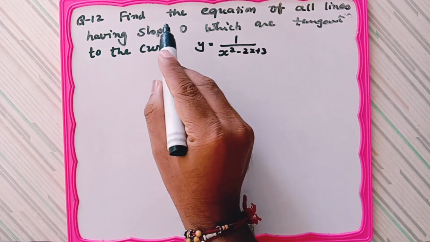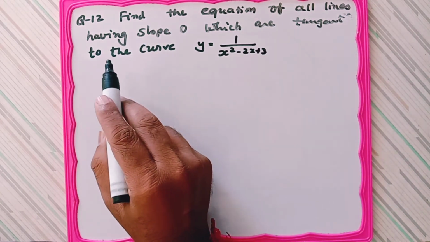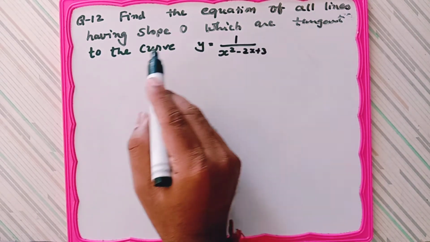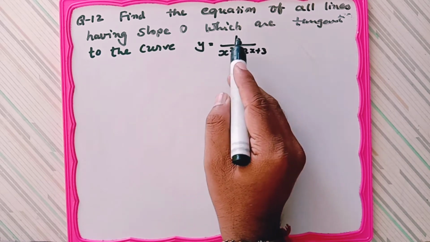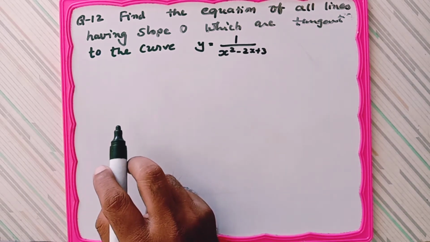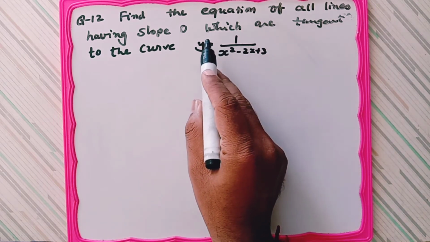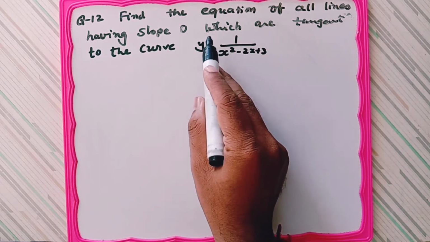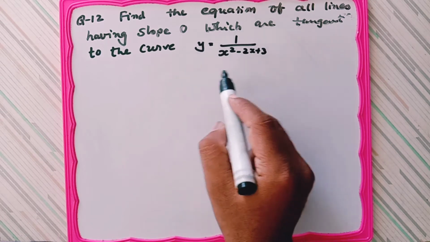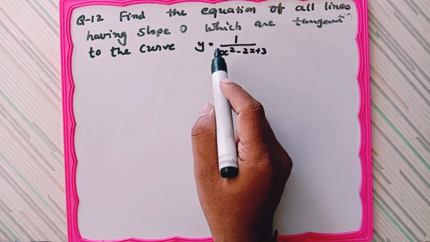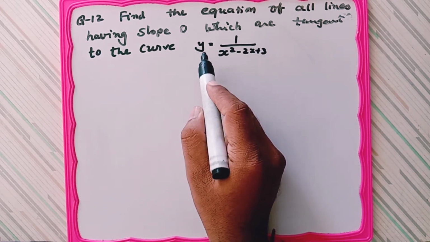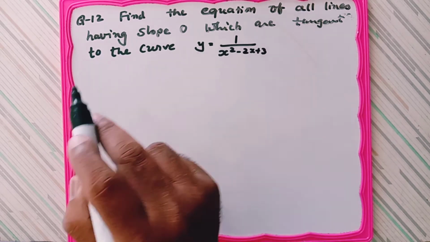Question 12: find the equation of all lines having slope 0 which are tangent to the curve y equals 1 upon x square minus 2x plus 3. The required tangent has slope 0, and the tangent slope of this curve means differentiation of this equation with respect to x.